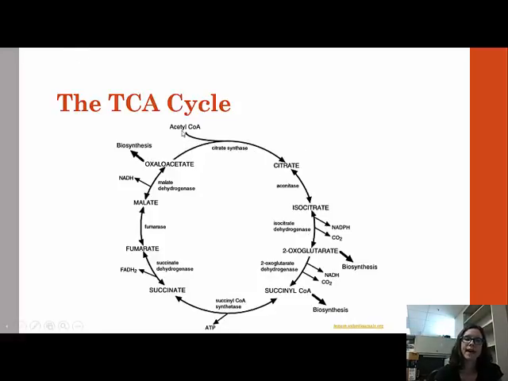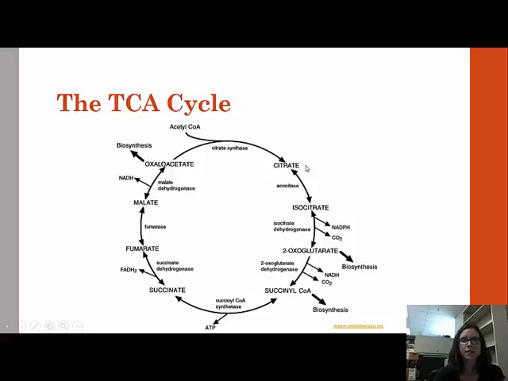Generally, the substrate is being oxidized as it goes through the cycle, and it's reducing an electron acceptor, which will then allow it to go to the electron transport chain to produce energy. For the purposes of this class, I don't need you to necessarily memorize each step, but I need you to know what's happening here. So let's take a closer look at these steps.